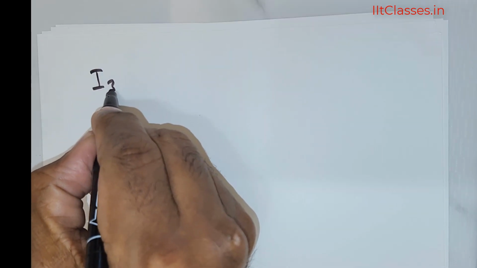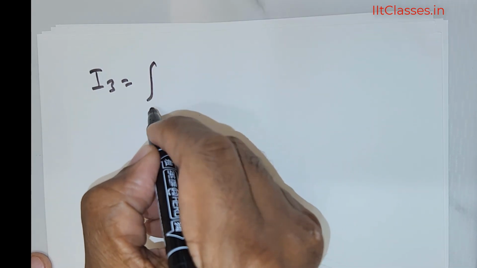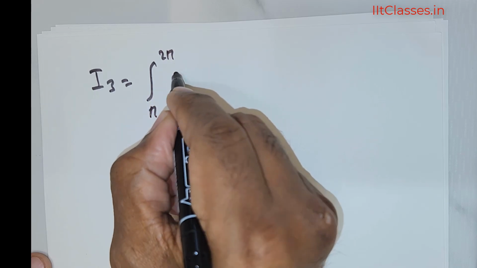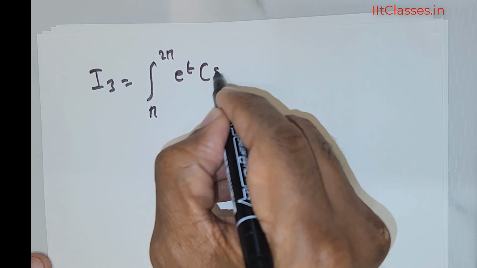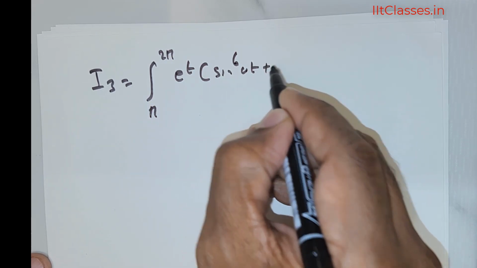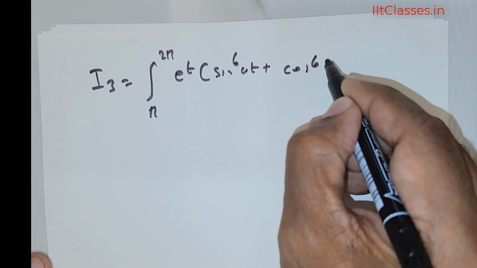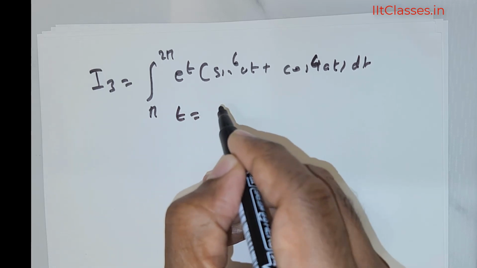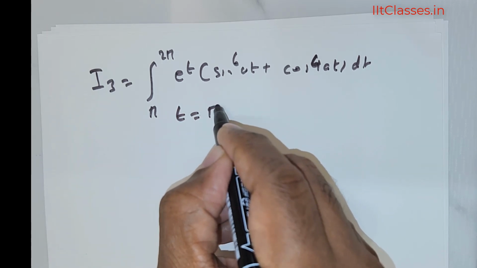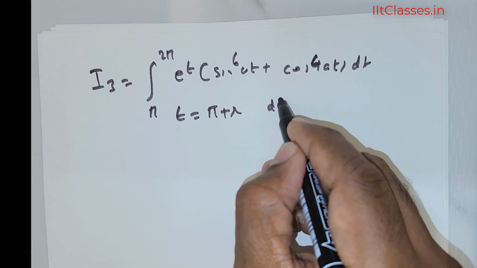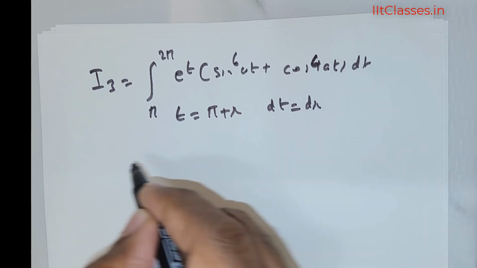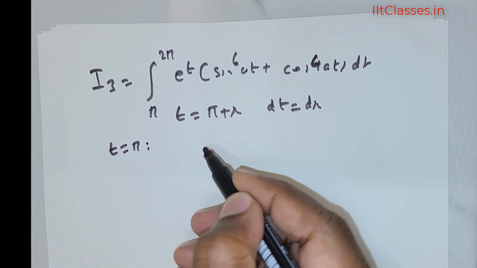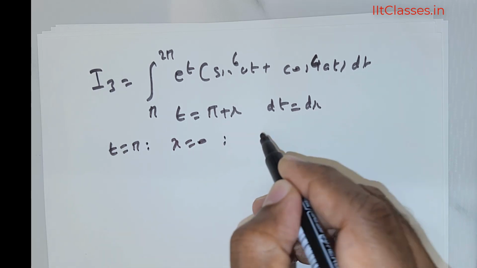Now I3, which is the integral π to 2π of e^t (sin^6(at) + cos^4(at)) dt. Now let me take t to be equal to π + x, so dt will be equal to dx. So when t is equal to π, my x will be equal to 0.